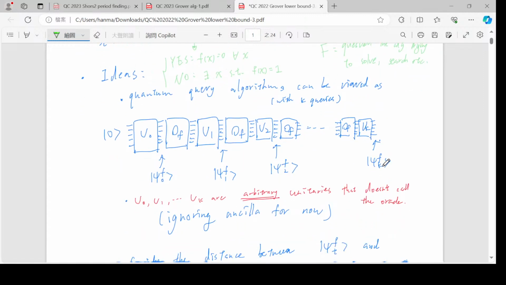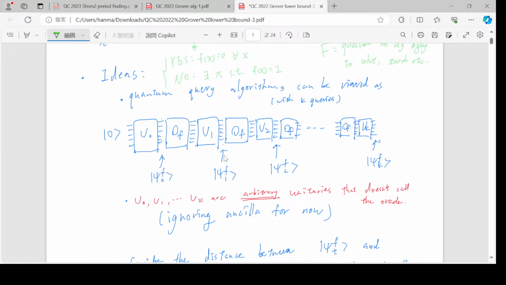What we are going to track is how the state changes throughout this algorithm, and how that depends on your input function small f. We'll define time slices of your algorithm. After you apply the first U0, we call this state psi f0.